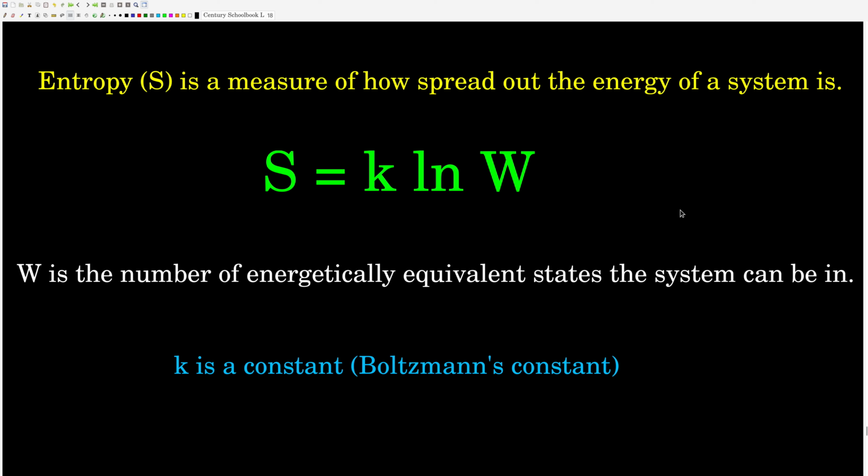So what entropy is, is a measure of how spread out the energy of a system is, how many different ways there are of equivalently distributing the energy in a system. Now if you Google this, you'll see people talking about entropy as being a measure of disorder. That's really misleading. It's really a measure of how many energetically equivalent states the system can be in. We'll get into that in a later module. k is Boltzmann's constant.